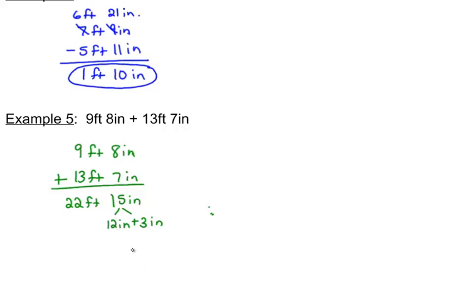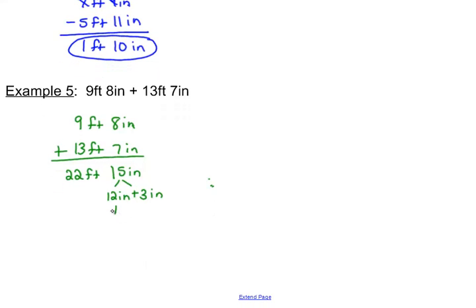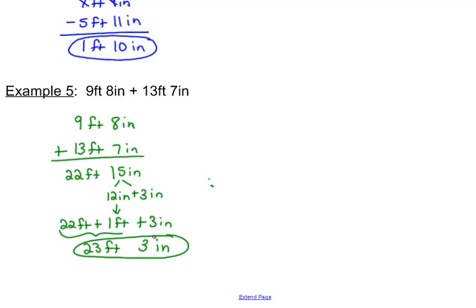Because 12 inches equals 1 foot. And then I got my 3 inches. And now I have my 22 feet. So now this becomes 23 feet plus 3 inches. We don't need the plus sign in there, so I'll just erase that. And so there is your answer.